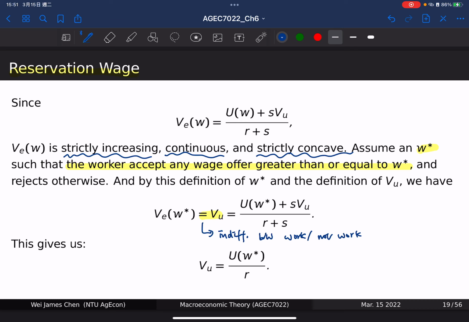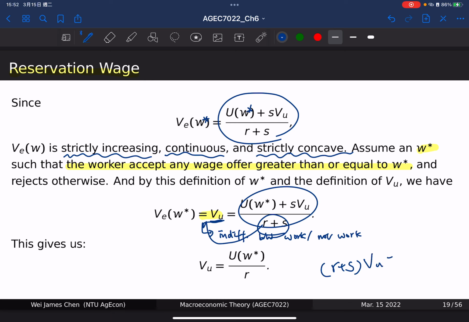Okay. And then, because I know the functional form of VE of W, VE of W star is also this, which is U of W star plus S times VU divided by R plus S. And if you have VU equal this thing, you can move the R plus S here, and you will have R plus S times VU equal U of W star plus S times VU. The S VU is crossed out, and the R can go back here.